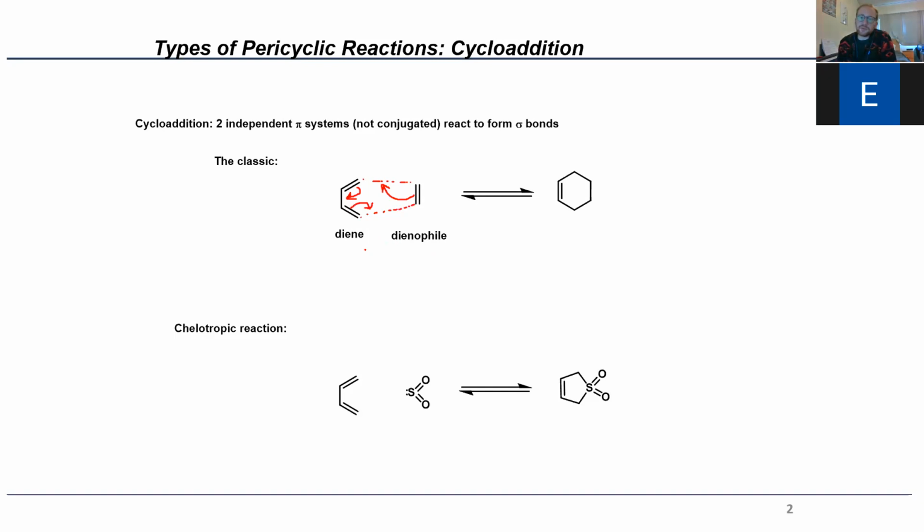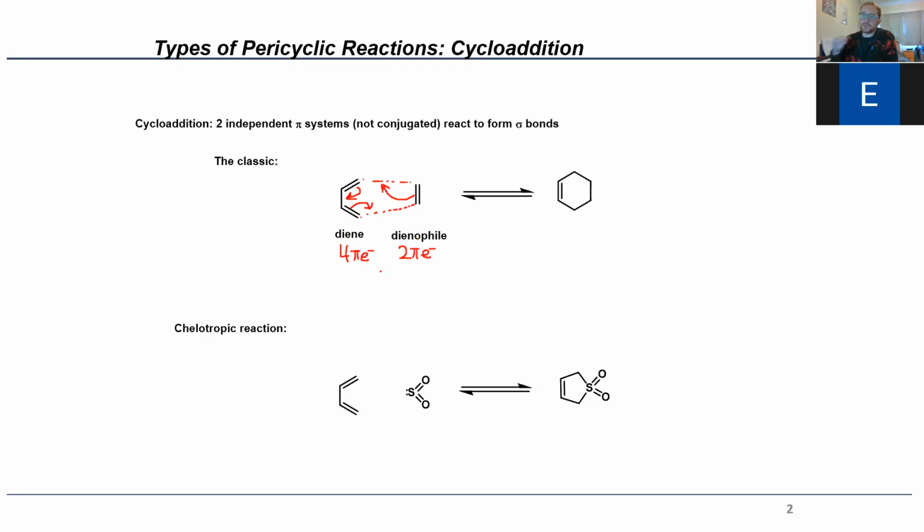Now, for the naming of cycloadditions, we have a pretty simple convention, and it has to do with the number of pi electrons in a system. And so we'll note in this diene here, for the case of the Diels-Alder, that there are 4 pi electrons, right? 2 alkenes with 2 pi electrons in them each. So that's a 4 pi system. And in the dienophile, we have 2 pi electrons in just the one alkene.